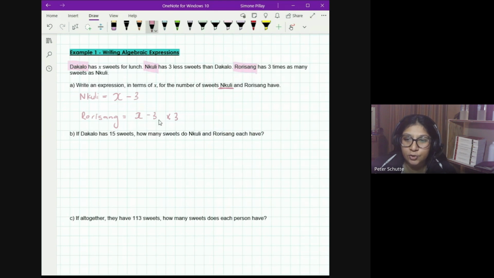So we could put brackets around my x minus 3, which is fine, but the easier way is just to say 3 times x minus 3.